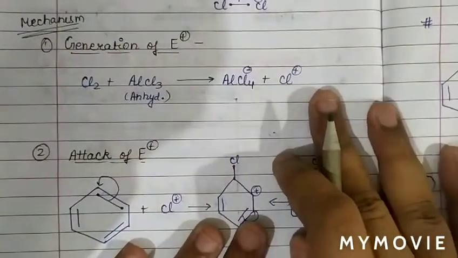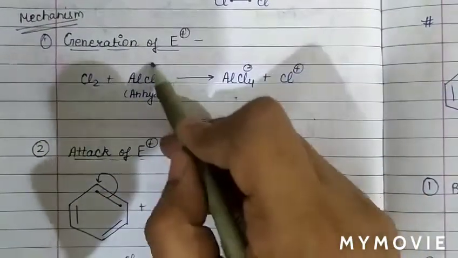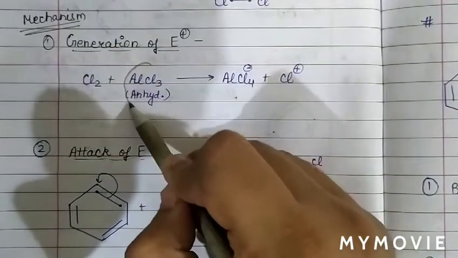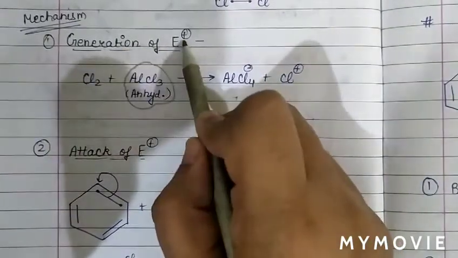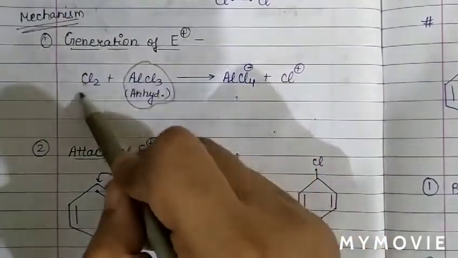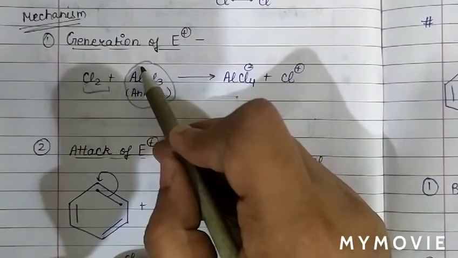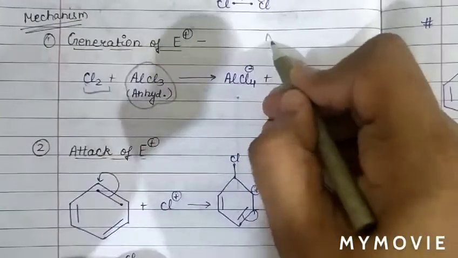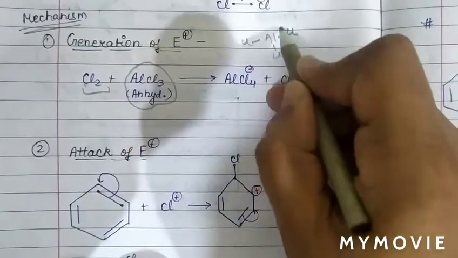The first step of this reaction is generation of electrophile. The Friedel-Crafts catalyst anhydrous AlCl3 helps in the generation of electrophile. When AlCl3 combines with Cl2, there is a deficiency of electrons, because the octet of aluminium is not complete; only 6 electrons are there.